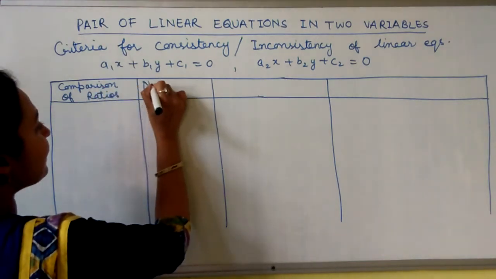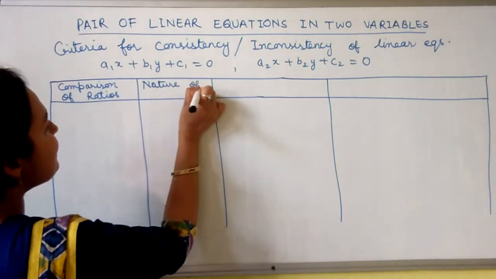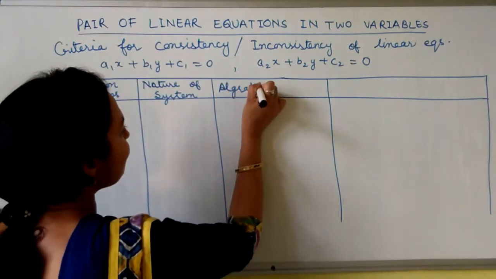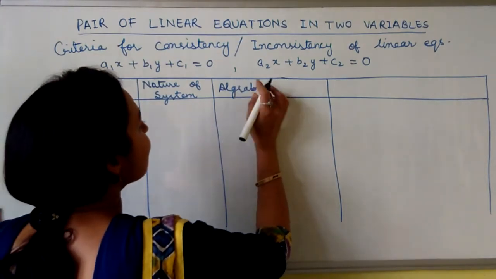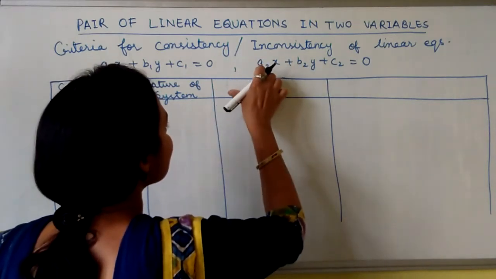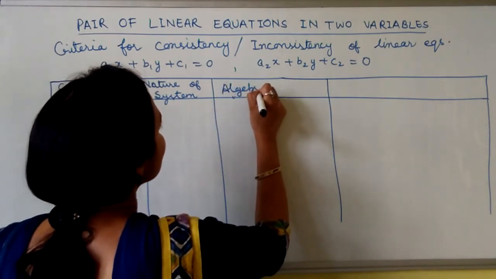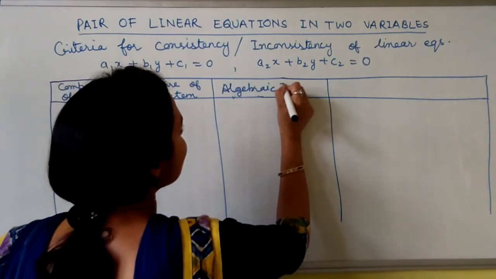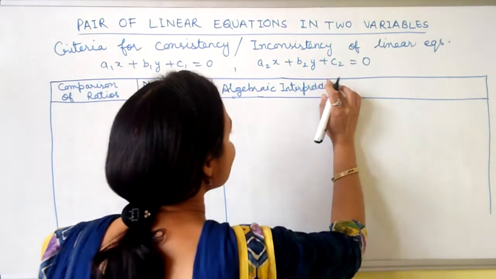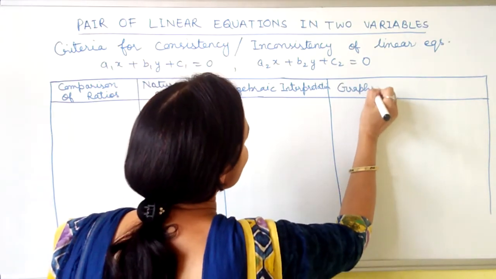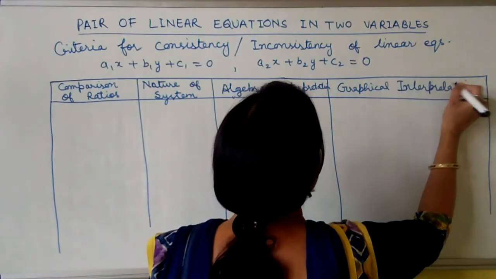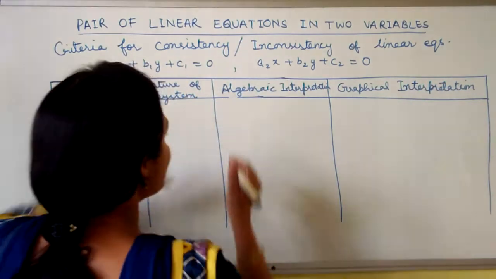Here we will take nature of system, algebraic interpretation, and at the last one we have graphical interpretations.